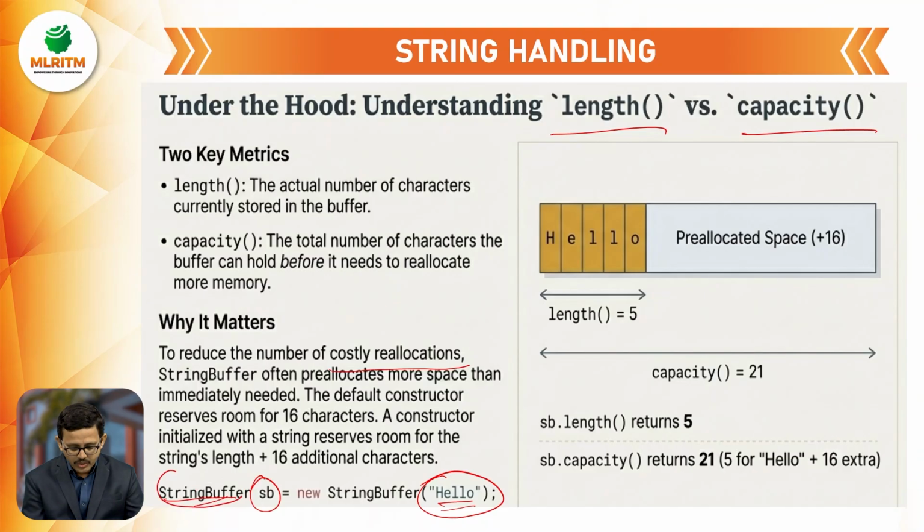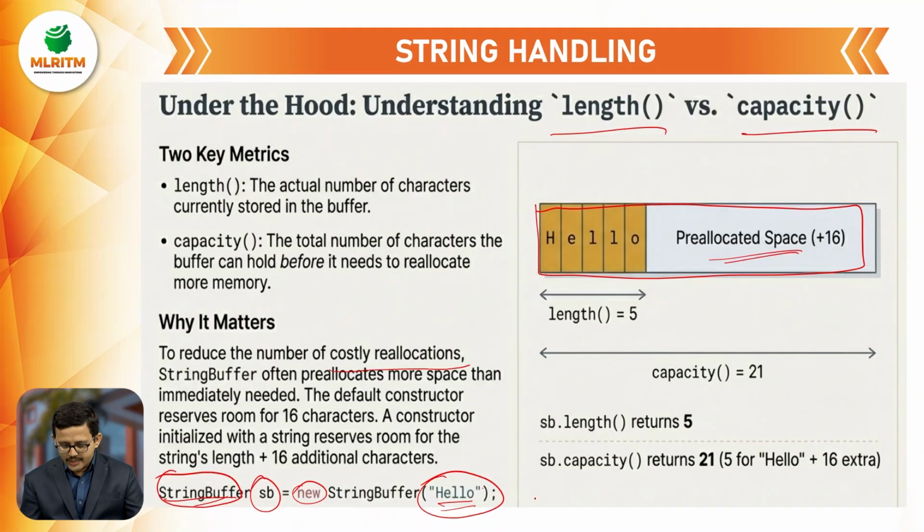So when we create an object using the new keyword, StringBuffer hello, we are actually creating a string that contains hello as well as some pre-allocated space. How much is this pre-allocated space? This will be of 21 capacity, that is 16 characters more than the original one. So we are going to add the memory of 16 characters to the original string.